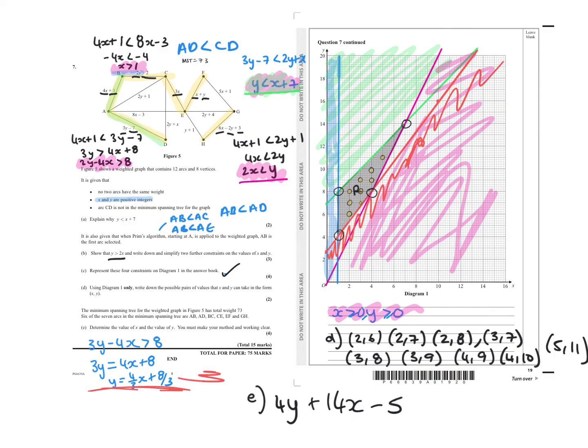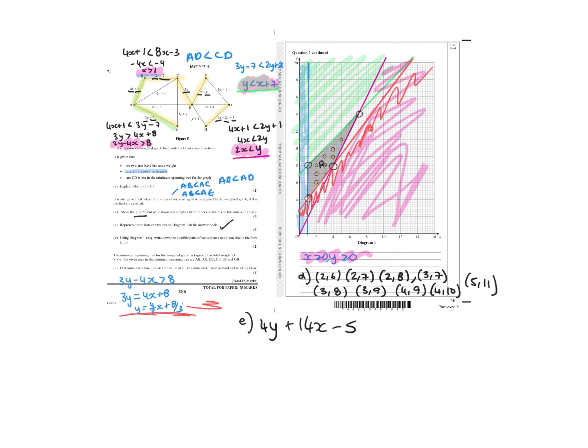Okay. Now, we're saying there's 3 options, essentially. Option A, B, or C. So I've got 4y plus 14x minus 5 plus y plus 1, because that's EH, isn't it? That equals 73.